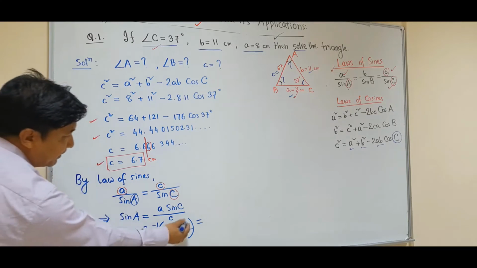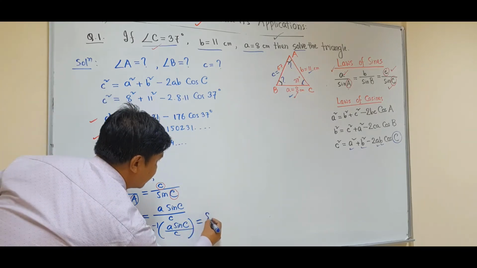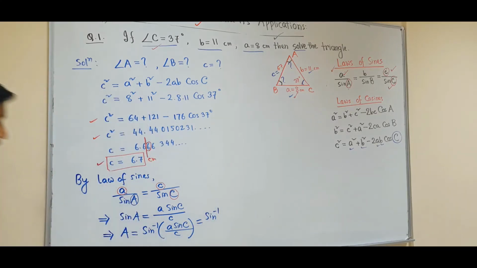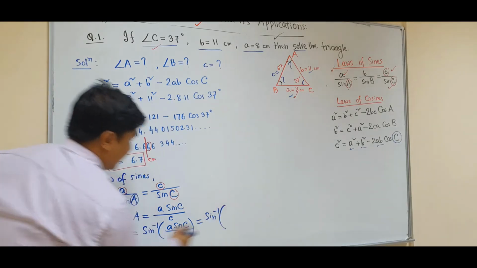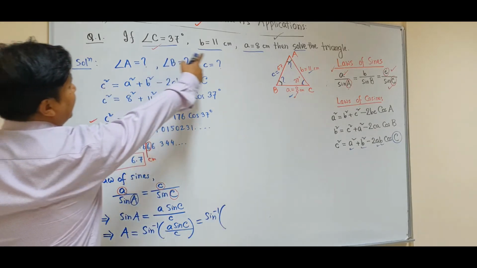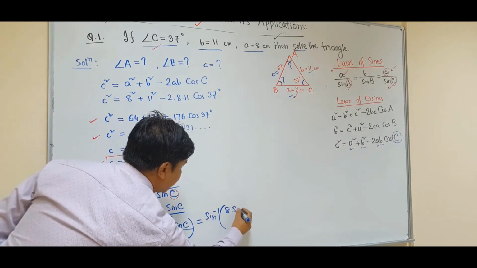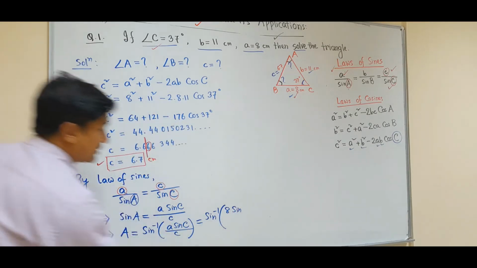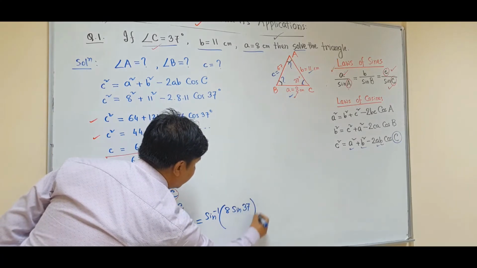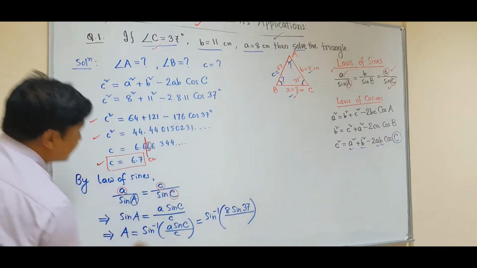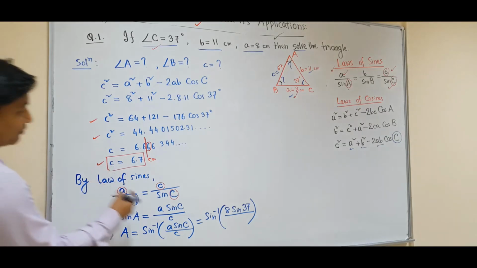Now just replace these values. That gives you sine inverse of A. How much A? A is 8. Sine C. C is how much? C is 37 degree. And what is small c? Just now we received 6.7.